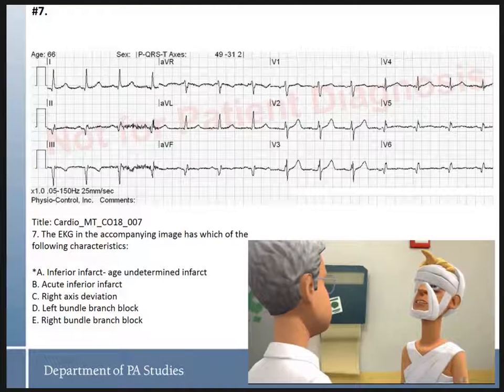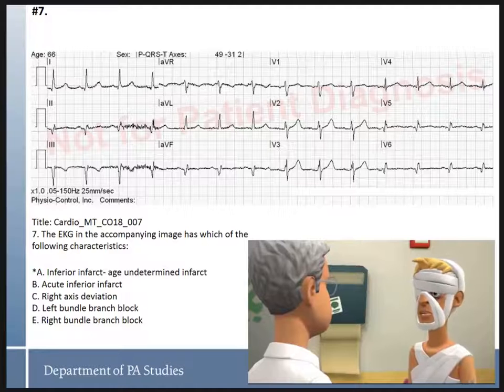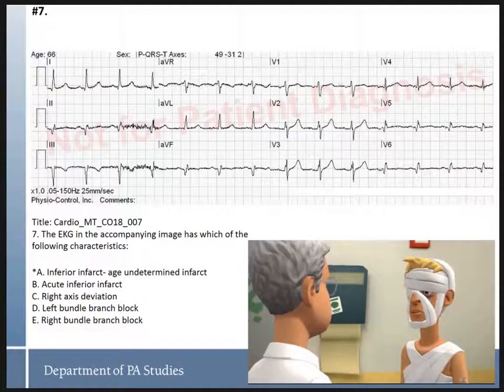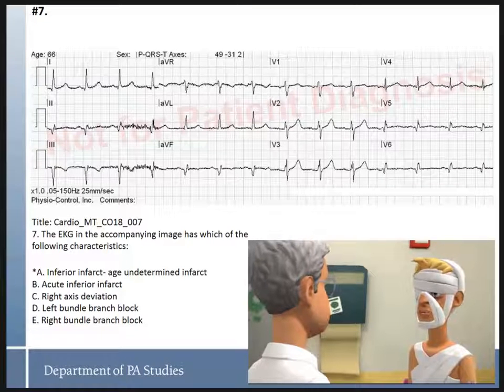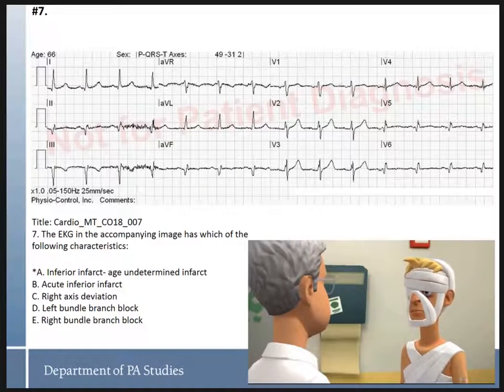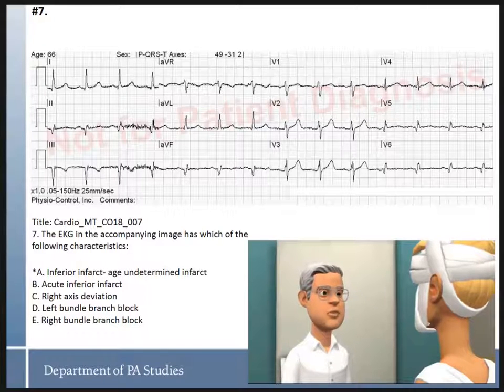Positive, negative, left. And finally, I can rule out all bundle branch blocks since the QRS complex is narrow. Therefore, the answer is obviously inferior infarct, age undetermined, since we see pathologic Q waves in leads 2, 3, and AVF. Very good, but I'm concerned you may have just guessed.